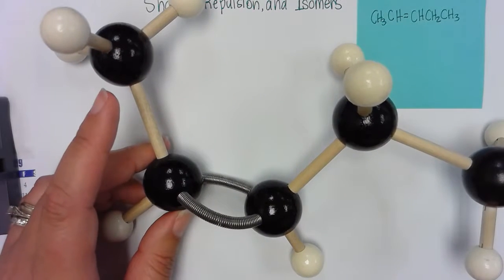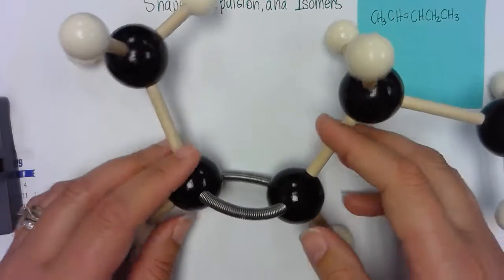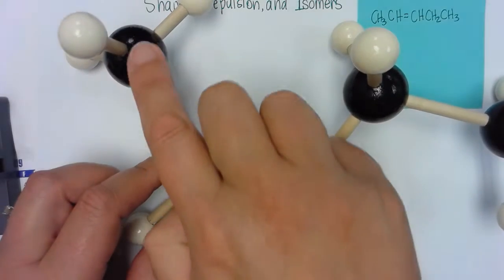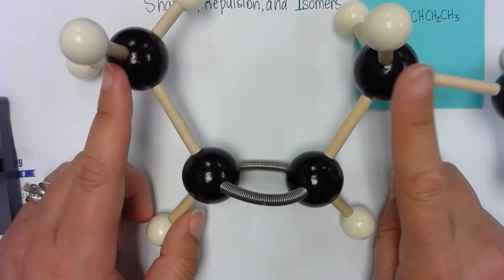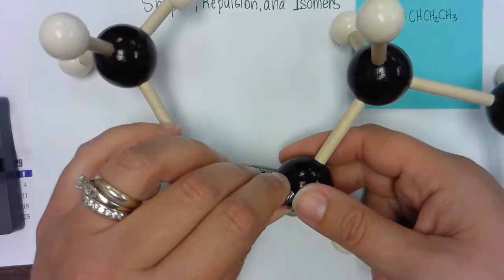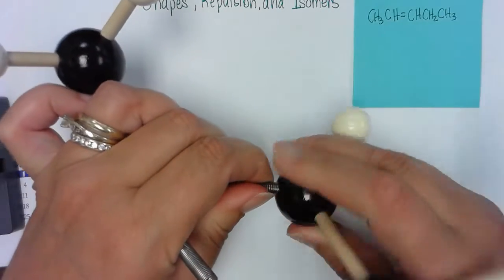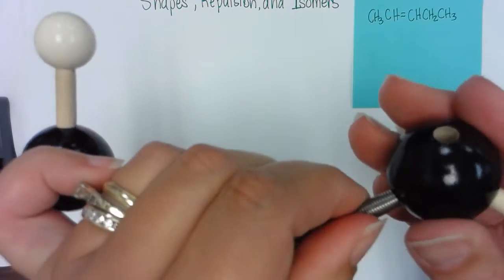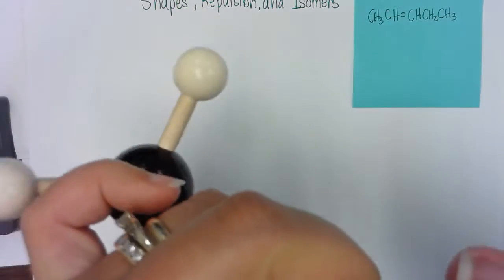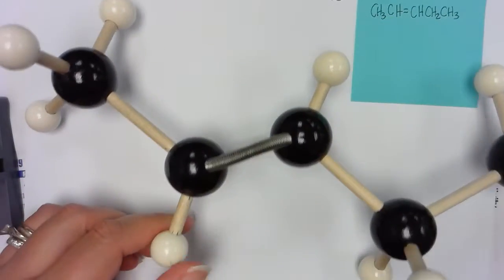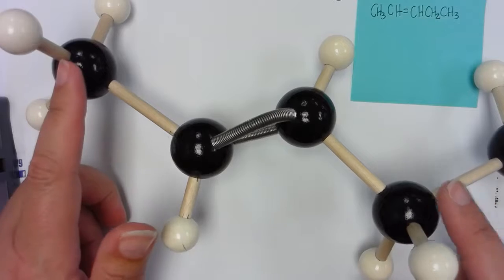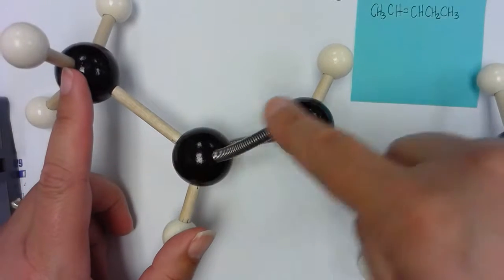Another thing to keep in mind is that right now this has both carbons in the cis position. Carbon 1 and carbon 4 are in the cis position. But if we were to flip it, let's see if I can get it right. If we were to flip it, now we have it in a trans position, because carbon 1 and carbon 4 are opposite in the trans position.